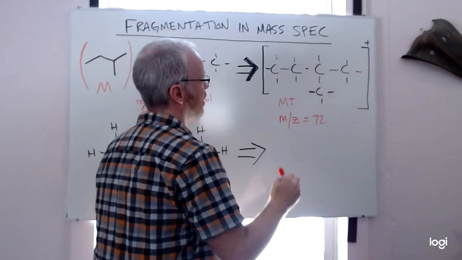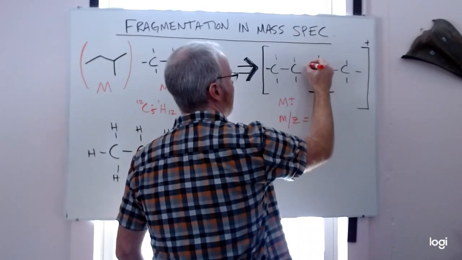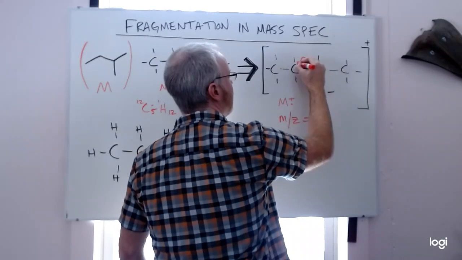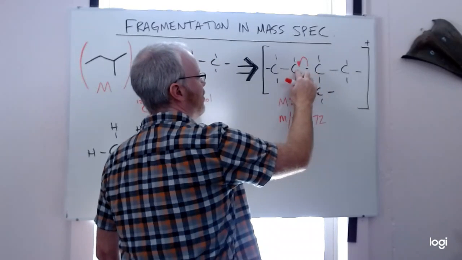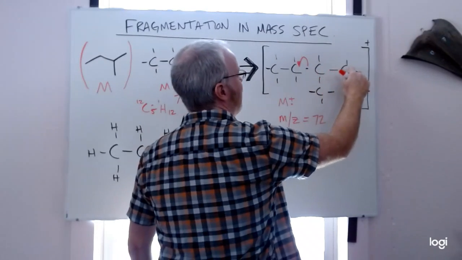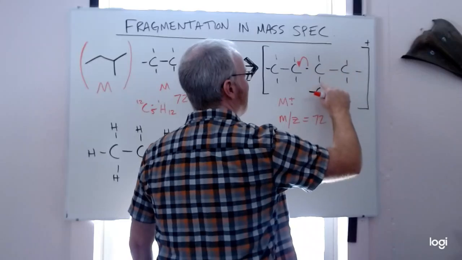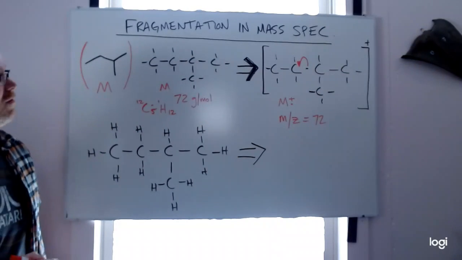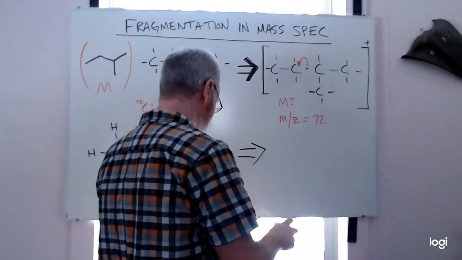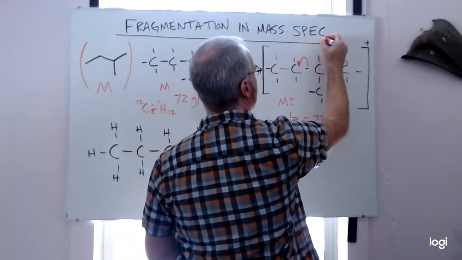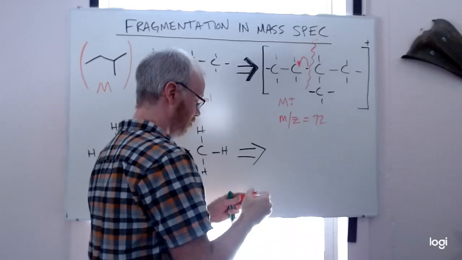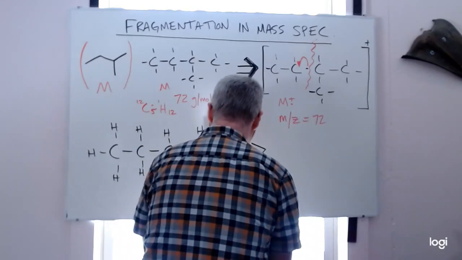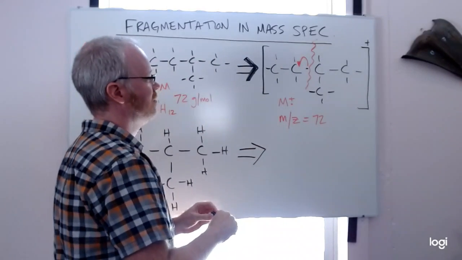We can show that radicals use a half arrow, right? So if 1 electron goes to this carbon, this other side of the molecule hasn't really gained anything, so there's no arrows there. This is our fragmentation. This is where this molecule is going to break. So we get 2 pieces then, right?